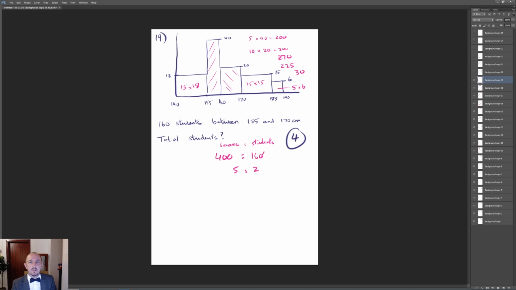That gives me 925 tiny squares in total. So 925 divided by 5 is 185. I have to multiply that by 2, so 2 times 185, and if I double that, I get 370. So there are 370 students in the year group.